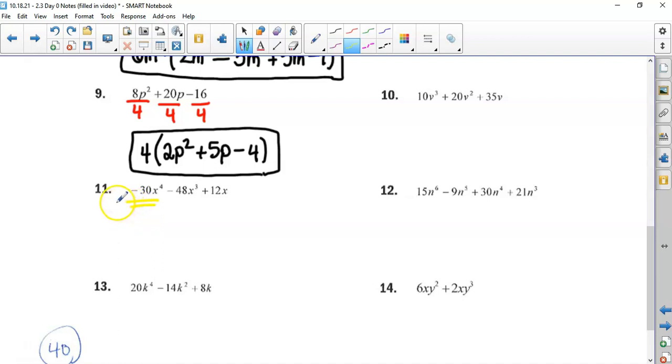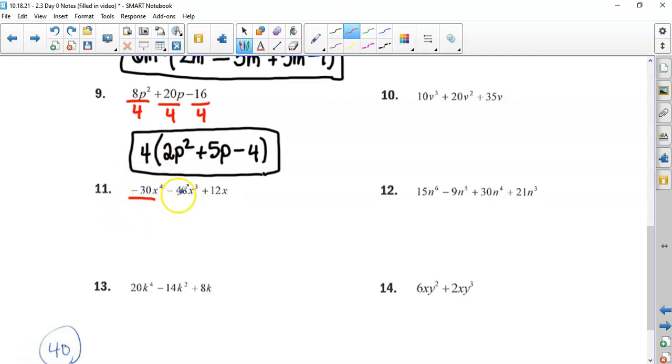If you see something like this on Delta Math, be conscious of that. If it's saying it's not right, if there was a negative leading term, it might be expecting you to factor out a negative GCF. If you don't factor out a negative GCF, I won't consider that question completely wrong. Just recognize it is standard practice that if we have a negative leading term, we factor out a negative GCF.